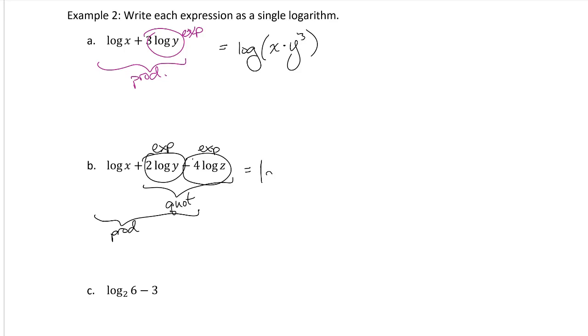So when I go to write this in, I'm going to have x out in front. Then I'm going to have, and it really doesn't matter technically if you've got the x in the numerator or not, because we all know that multiplication and division, it's just BEDMAS. It tells us that order isn't as important with those two. It's kind of just whichever one you do first, as long as they're together. So we can have x, y squared divided by z to the power of 4.